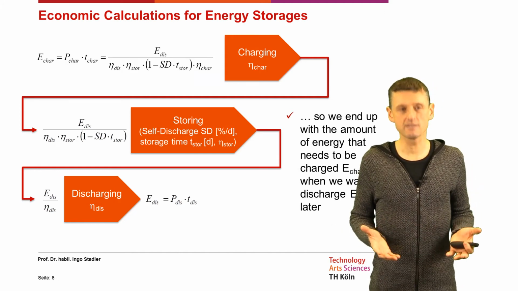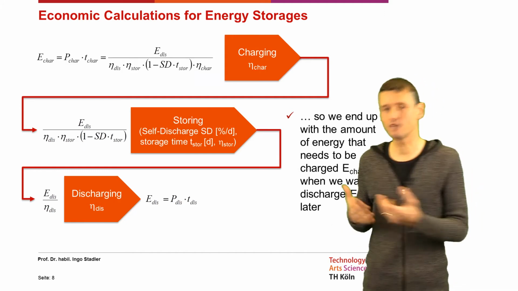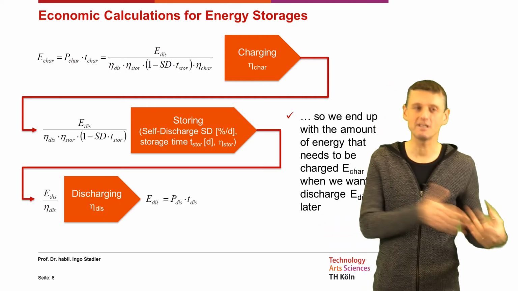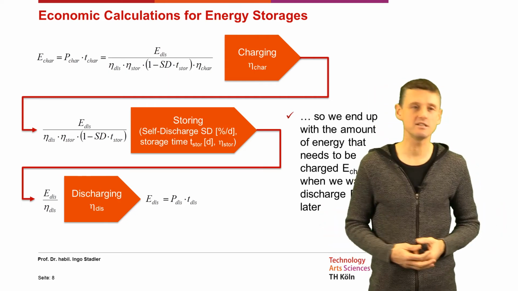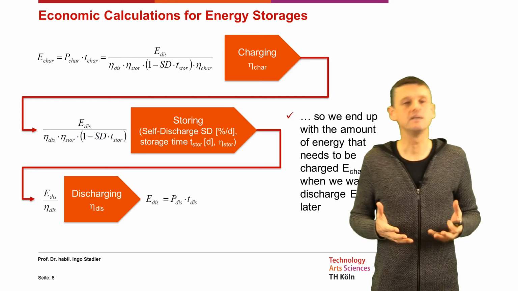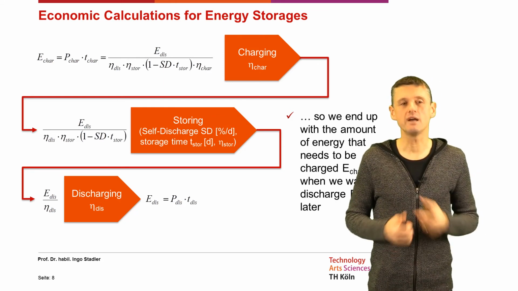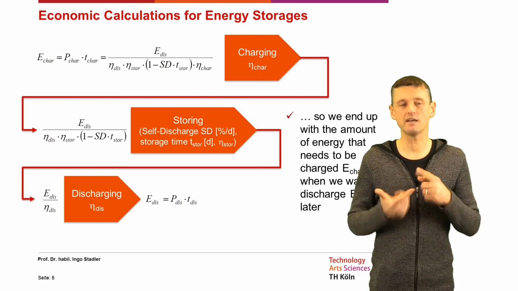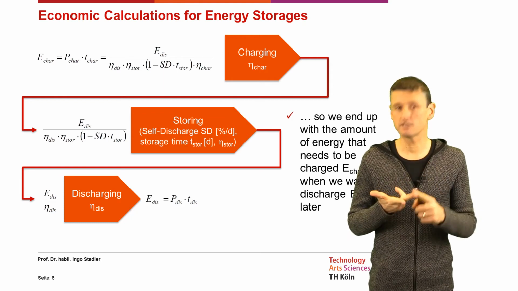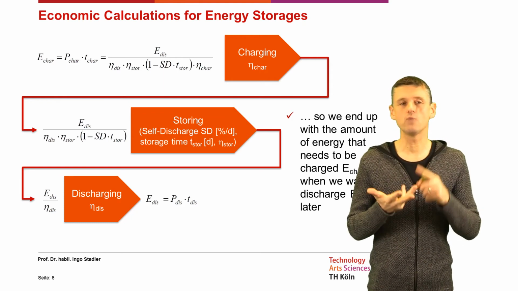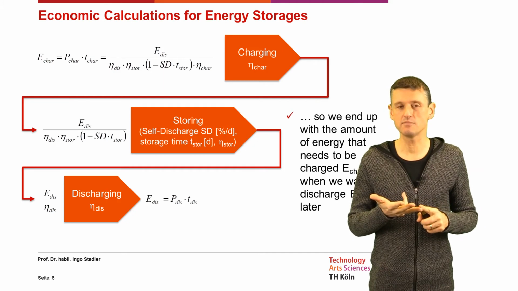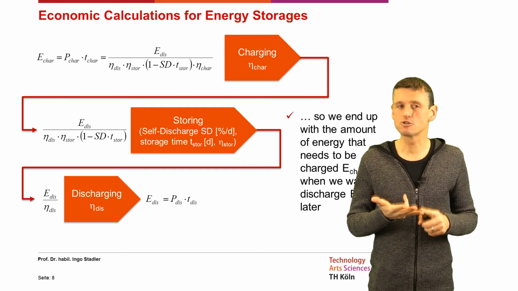So at the end, what we really need to charge at the beginning, when at the end we want to discharge E this, is E this divided by the eta this, by the eta char, by the eta store, and by the 1 minus SD times T store.